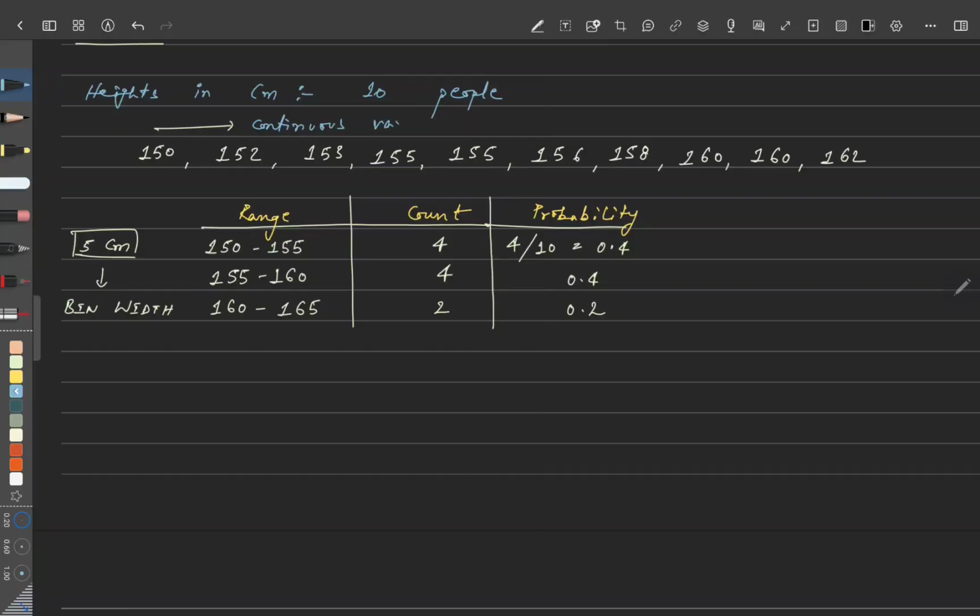Height is a continuous variable, wherein you can also have a height which can be something like 155.5 or 155.3, or any number on your scale.